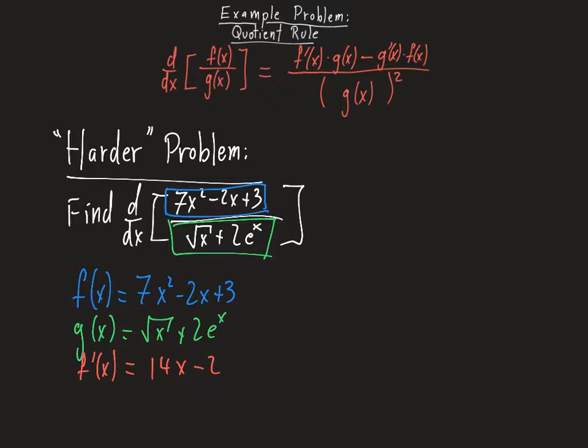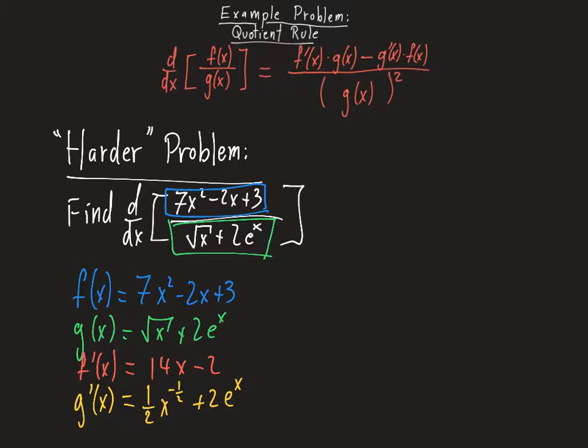All right, next up, we have the derivative of our function g. Now, if g of x is equal to the square root of x plus 2e to the x, then we know that its derivative g prime of x is going to be 1/2 x to the negative 1/2 plus 2e to the x.